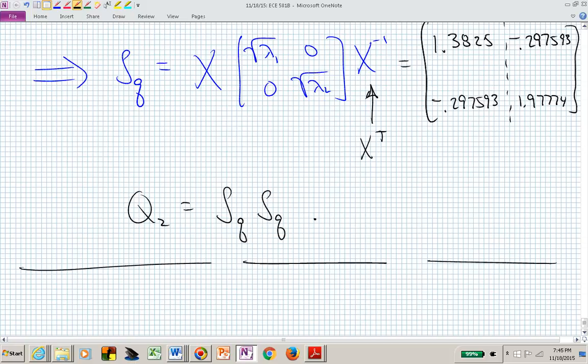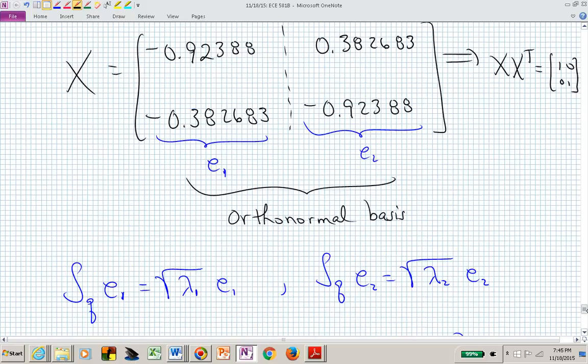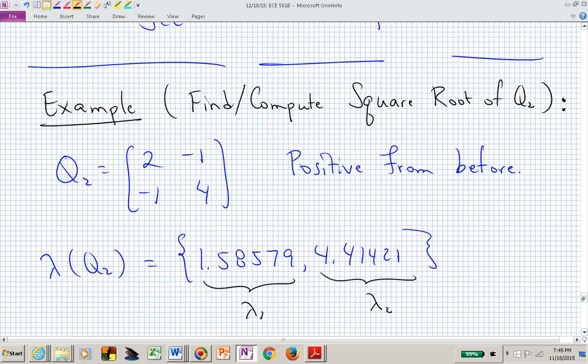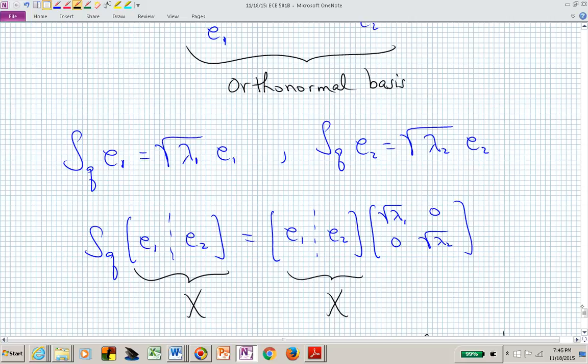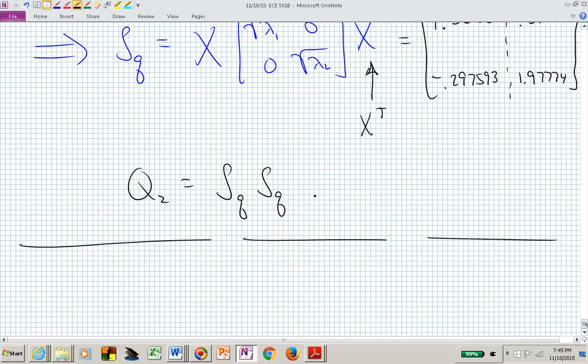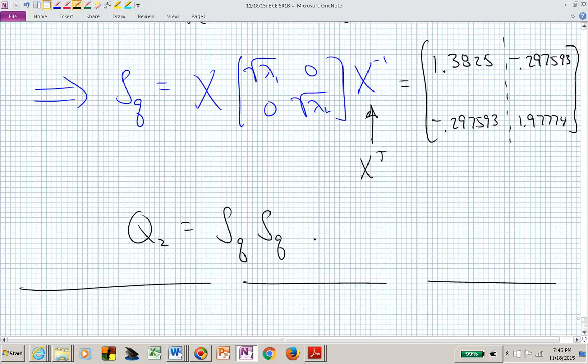So now we have constructed a way to find a square root of a positive matrix. We find the eigenvalues and eigenvectors and use those with this relationship defining the S. We can now use that to build our square root matrix.